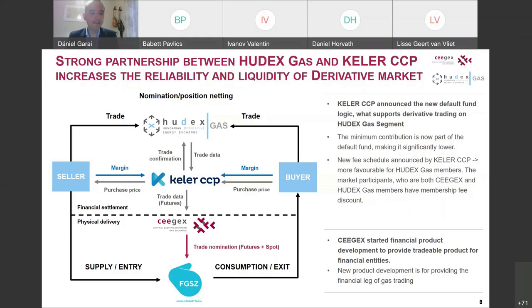Again, details are following, but the most important point, in one sentence, is that at the moment joining HUDEX gas for a CEEGEX member is basically completely cost-free, both on the CEEGEX and HUDEX side, and now also on the KELER CCP side. That's a big improvement, and we're hoping that this can support the significant increase of HUDEX markets in the future.